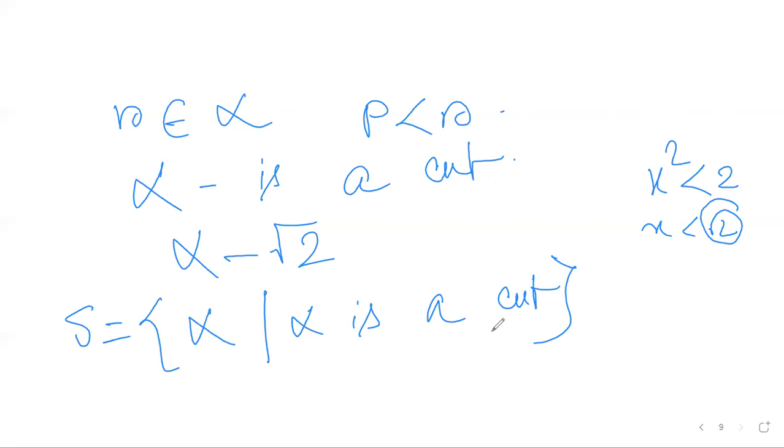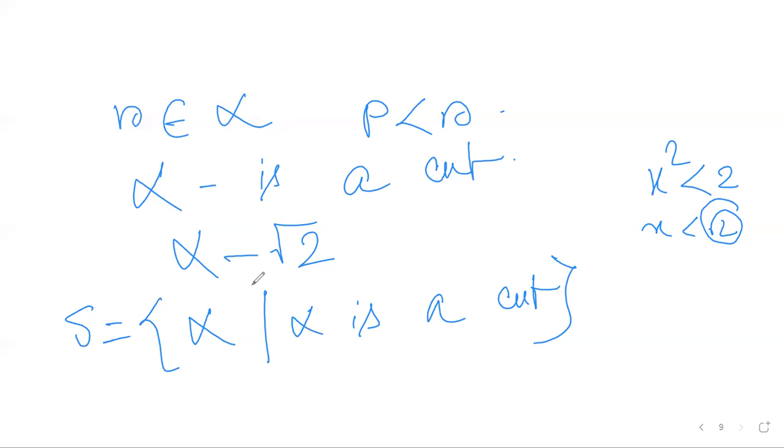Now tell me, all the rational numbers belong to this set, right? All the rational numbers, and even all irrational numbers we can construct, because I denoted alpha by root 2. Similarly, I can construct root 3 in the similar way, and all the irrational numbers in the same way, right?